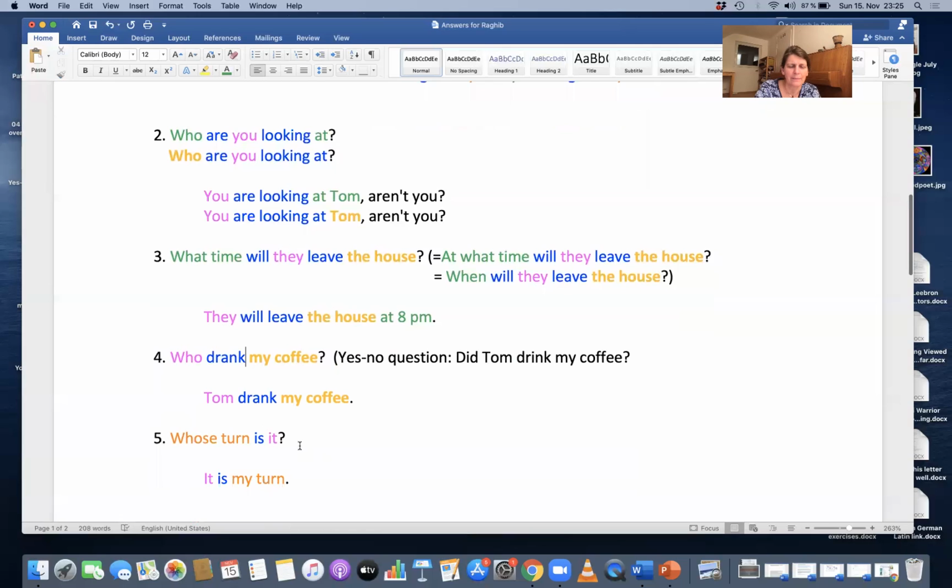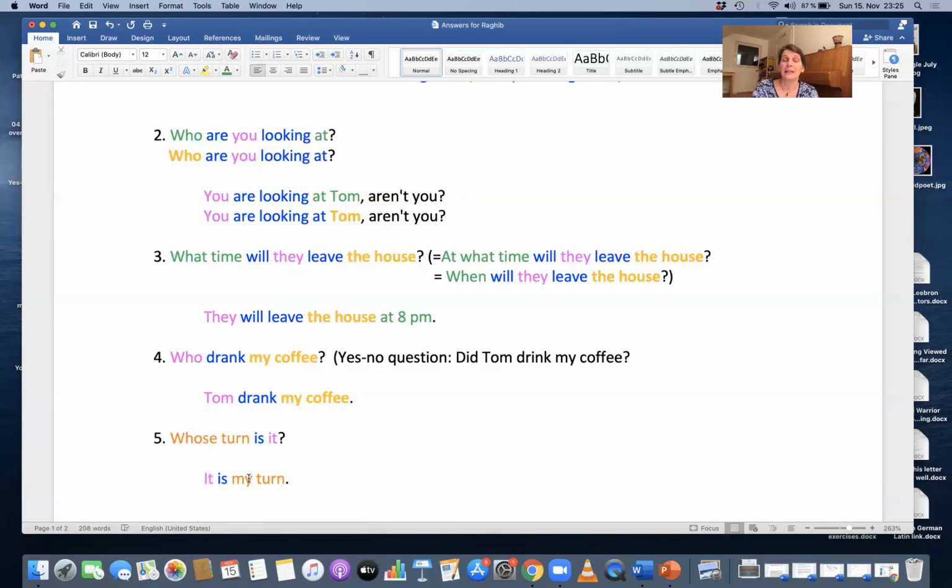Whose turn is it? The statement form is, it is my turn. It is an empty subject or a situation subject. Is is the link verb, and my turn is the predicate complement, or the complement to the subject, or the subject predicative, or whatever you want to call it.